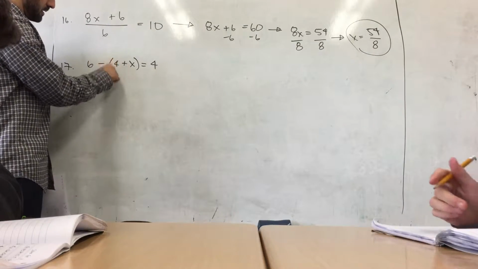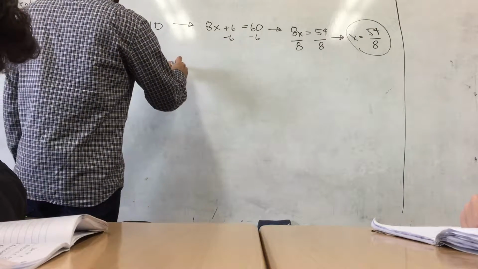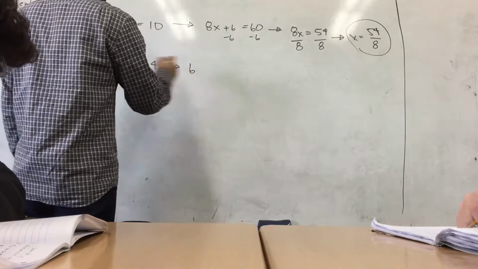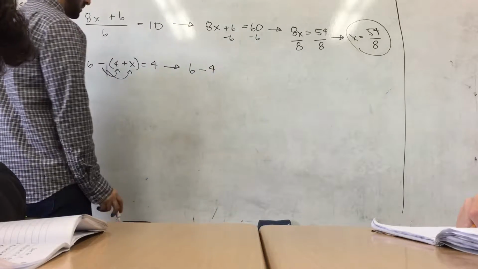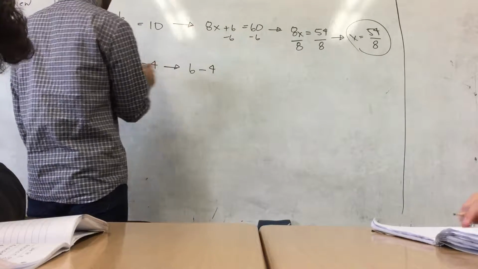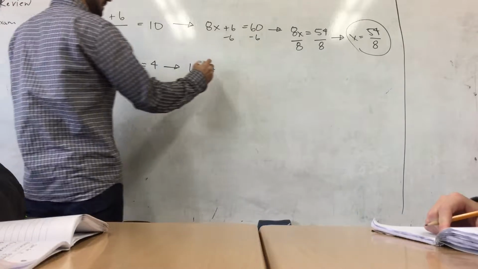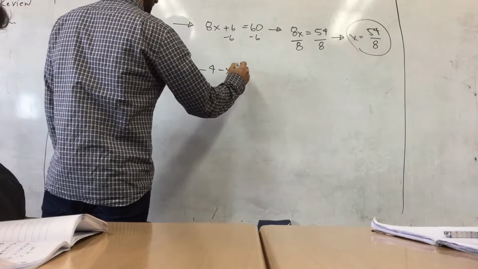All right, so we're gonna distribute that. And what do you get? 6 minus 4. What's -1 times x? Negative x.